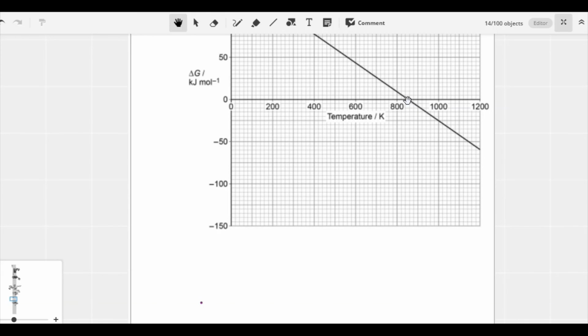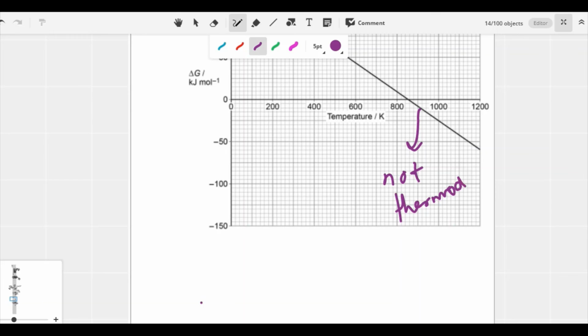So above 845, the reaction becomes thermodynamically feasible, while below 845, the reaction is not thermodynamically feasible. Here I am going to show you the part that is not thermodynamically feasible.